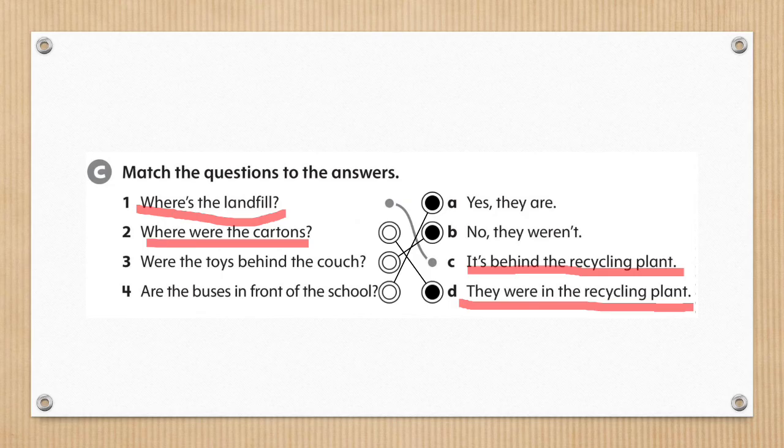Number 3, were the toys behind the couch? No, they weren't. And number 4, are the buses in front of the school? Yes, they are. Students, please pause whenever you need extra time.